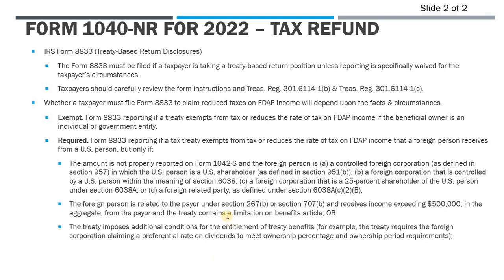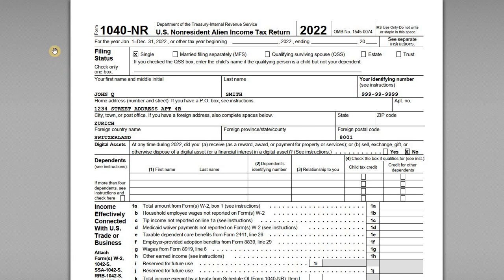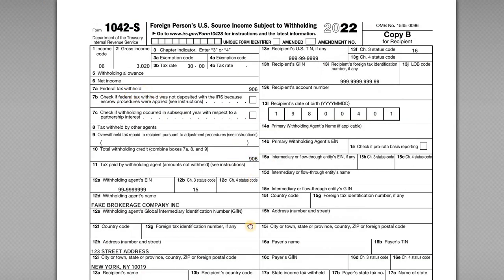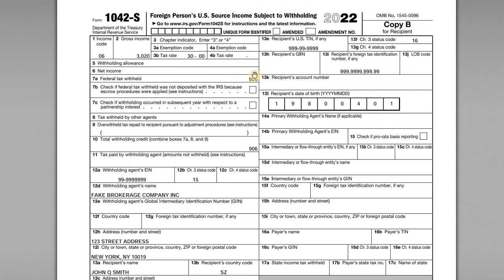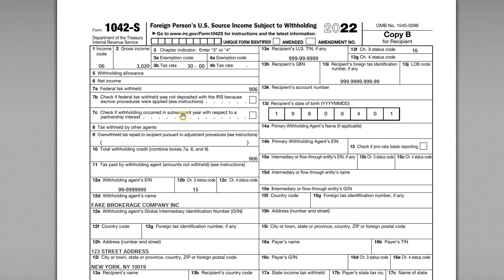All right. So let's have a look at the 1042Ss, and then we can start to look at the tax return itself. So the first 1042S, right, this is coming from the broker. So the broker down here, fake brokerage company, prepared this 1042S and provided it to John. So the income code, U.S. source dividends, $3,020 was the amount of dividends paid to John during the year. And then the tax rate here is 30%, right?